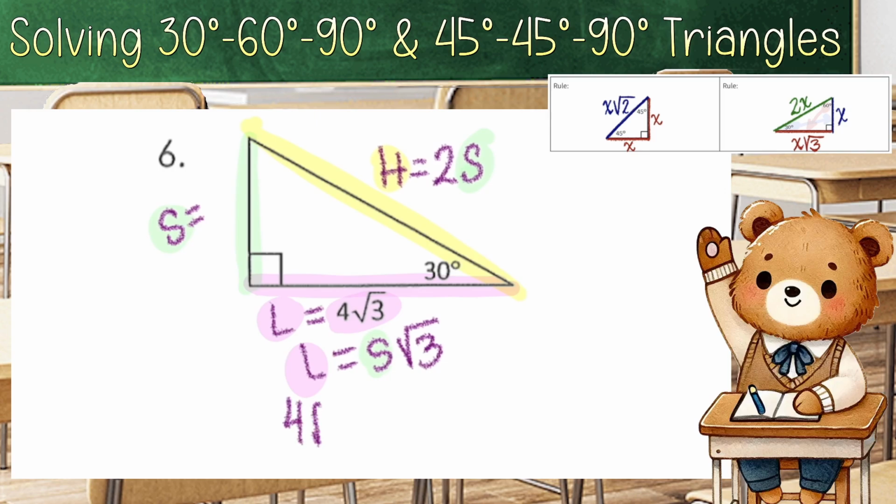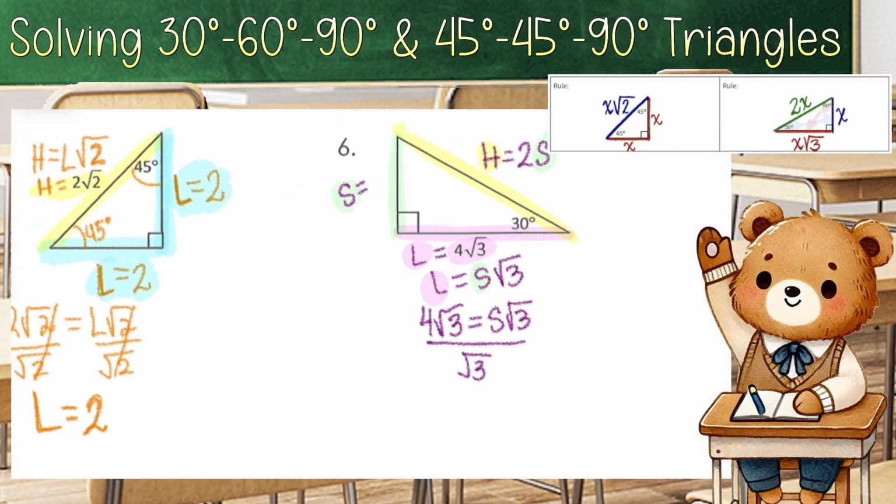So let's get this done. 4 root 3, these beginning examples are very sweet. 4 root 3 equals S root 3. Divide both sides by root 3. I'll write it more properly so nobody picks up any weird habits. So S equals 4. What did I find? I just found the length of the shorter side.